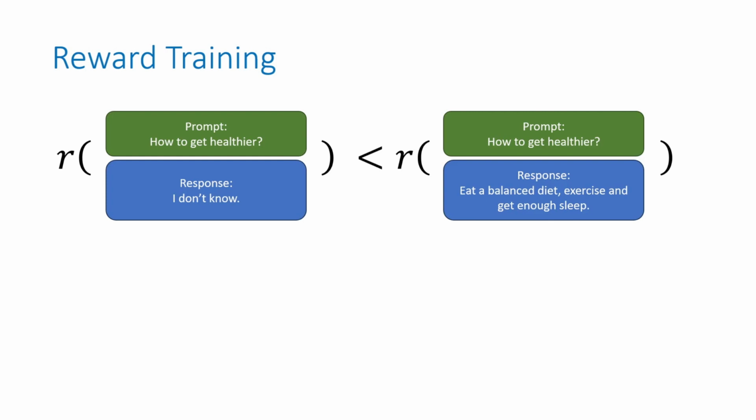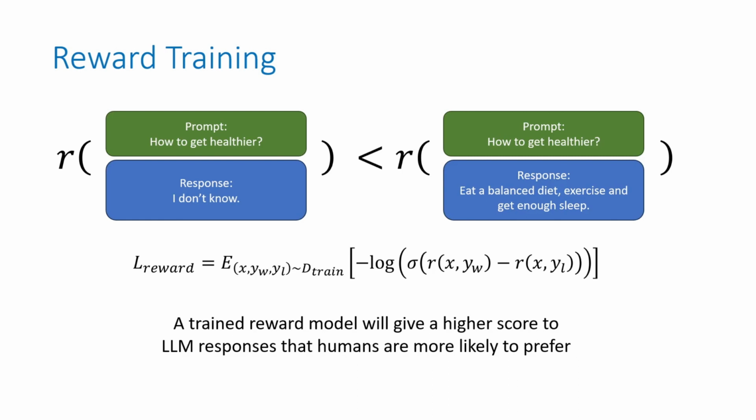Now that we have the training data, the goal is to create a reward model that assigns a higher score to the query responses that were preferred by humans. For example, we want the model to give a higher score to the answer on the right. For training the reward model, we use a simple log sigmoid loss explained here.